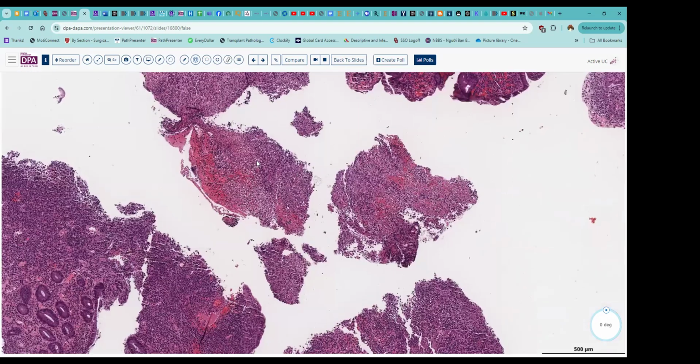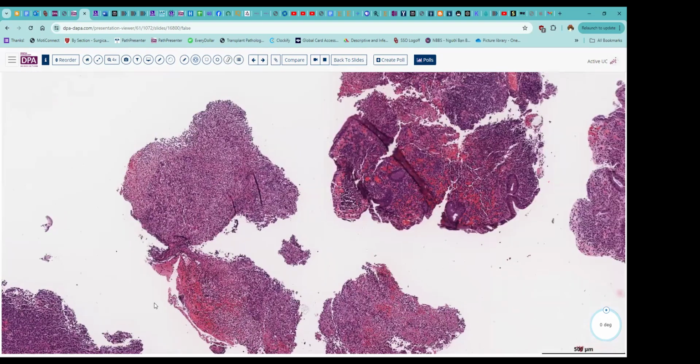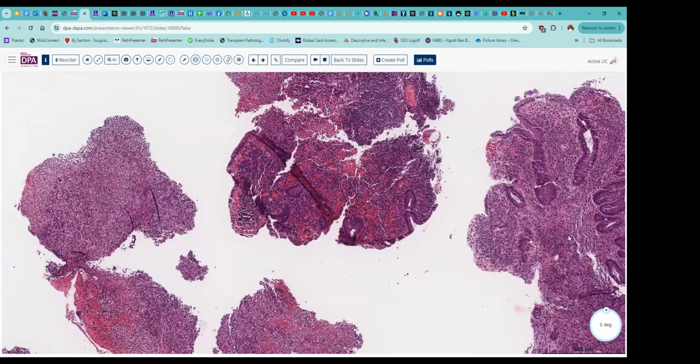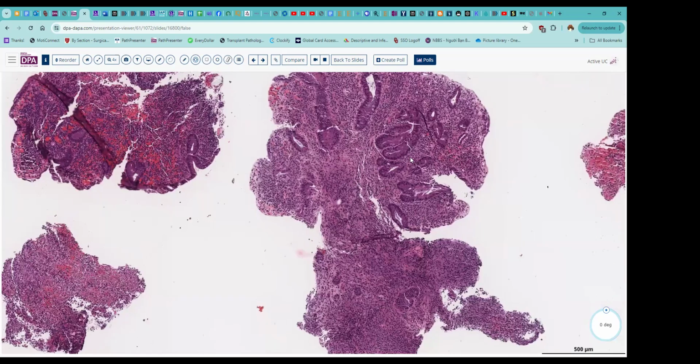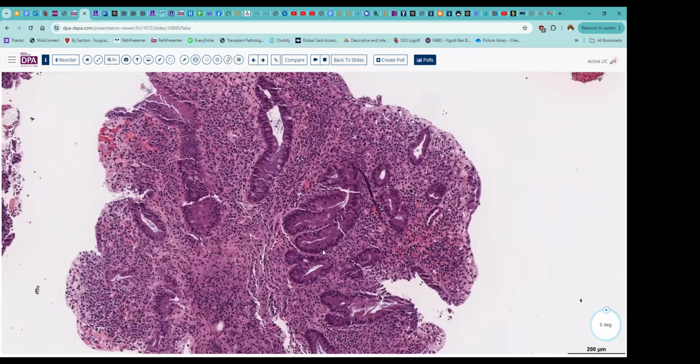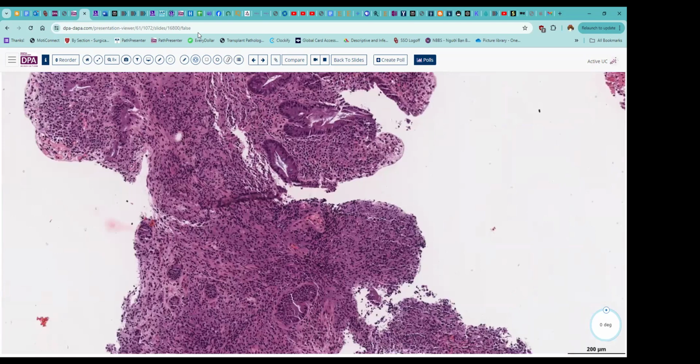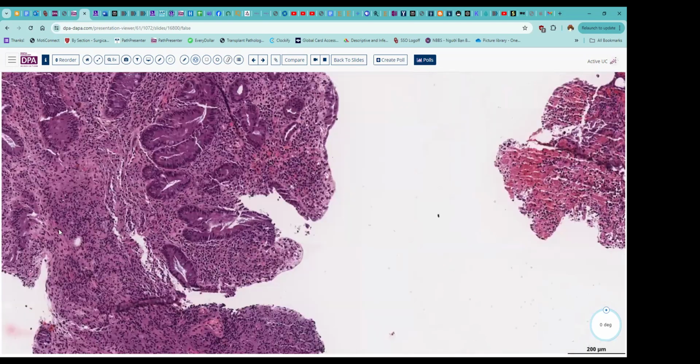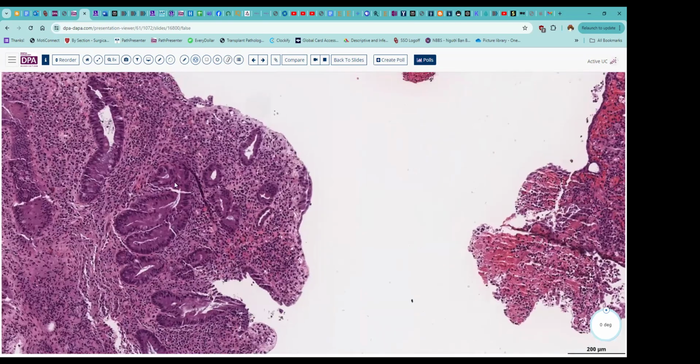It's difficult to identify landmarks, surface, muscularis, anything of that sort. And here we see rather classical glandular branching and variability, and some evidence of damage. We don't see active crypt destruction per se in the sense of crypt abscesses, but certainly we see features of glandular regeneration and damage, this branching pattern.